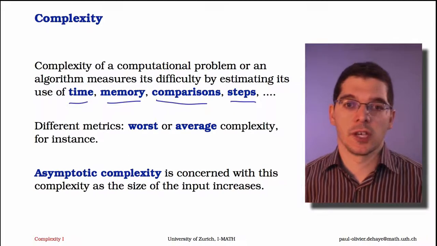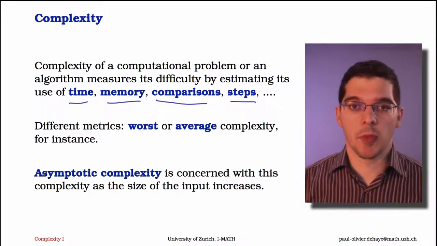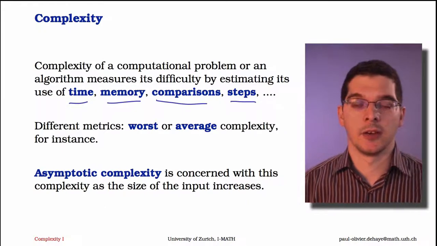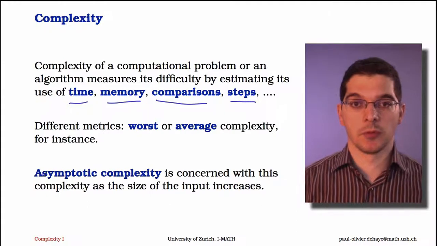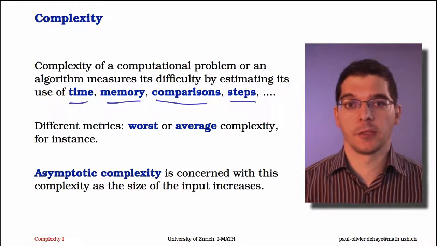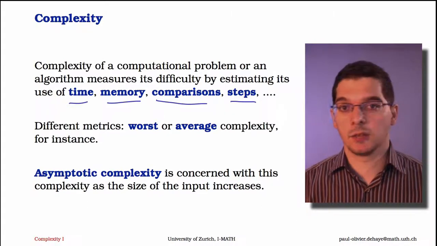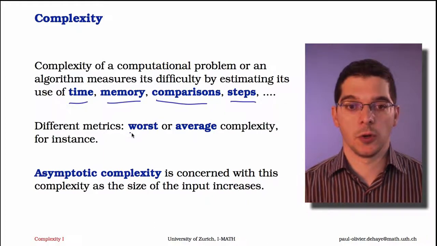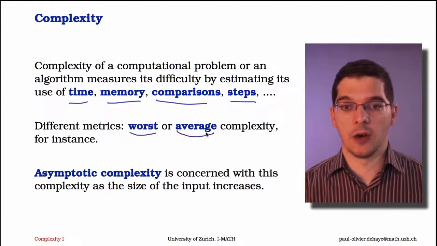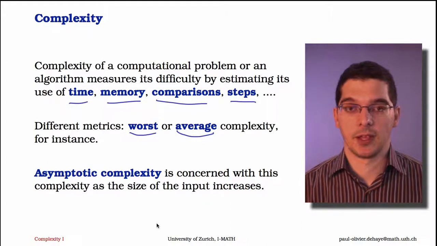Given that you are measuring time or steps or memory, there's still one thing to decide. Are you interested in the performance on average or the performance in the worst case? Both exist. You can measure worst case complexity or average case complexity.